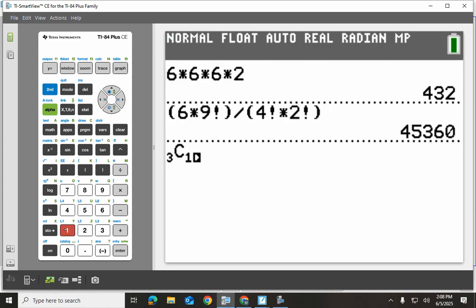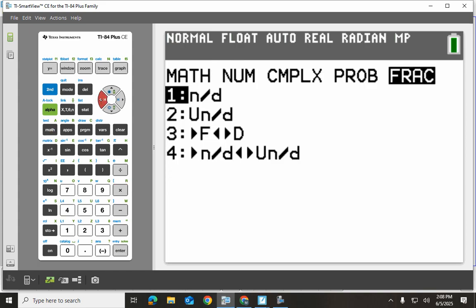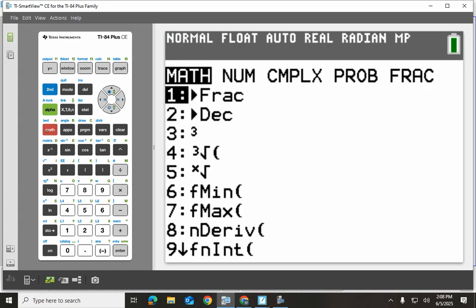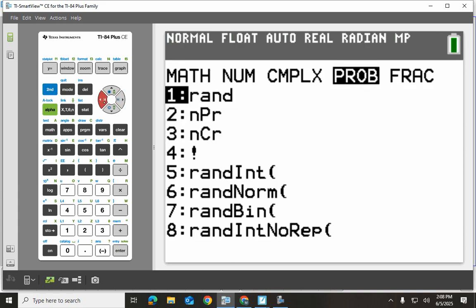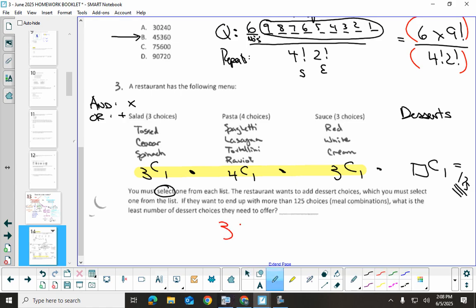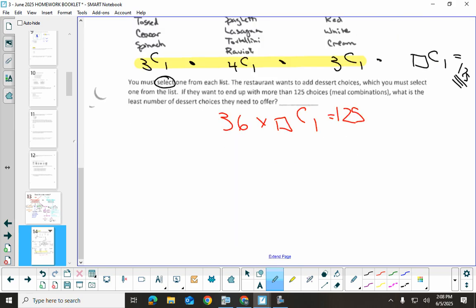So 3C1 times 4C1 times 3C1. You get out 36. Okay? So we've got 36 times something has to give us 125, at least 125.